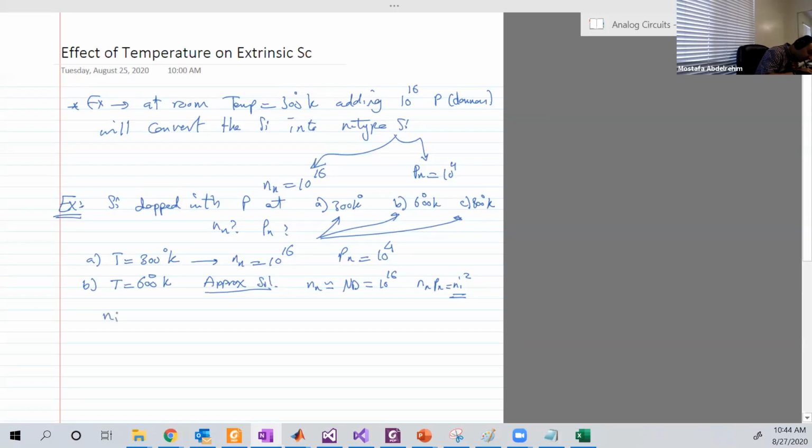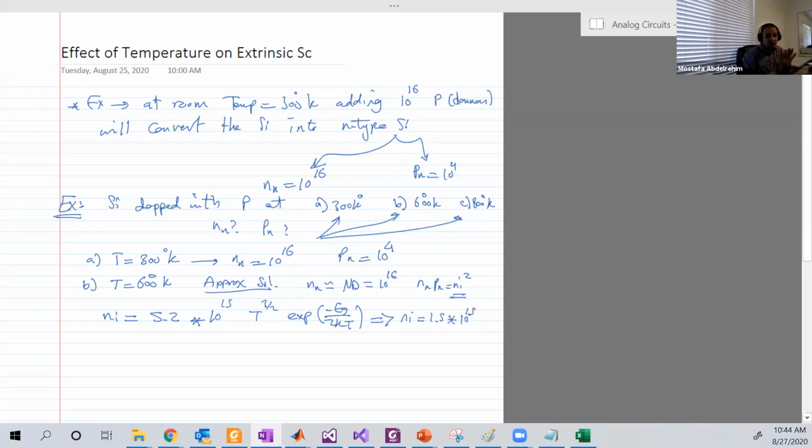And we know that Ni equals 5.2 × 10 to the power 15 × T^(3/2) × exponential of minus Eg over 2kT. Do all those calculations, and that will give you Ni equal to 1.5 × 10 to the power 15.